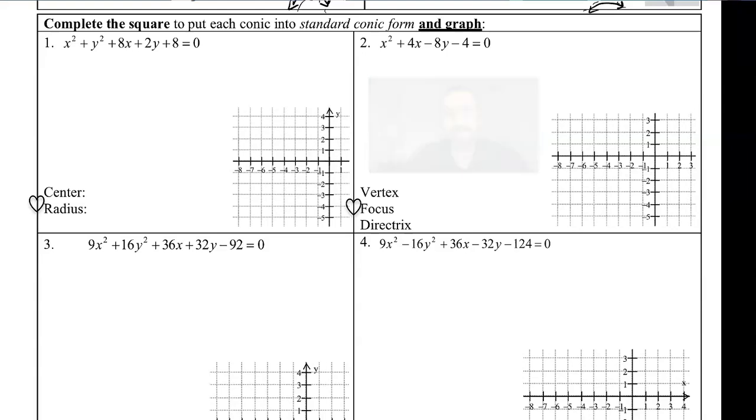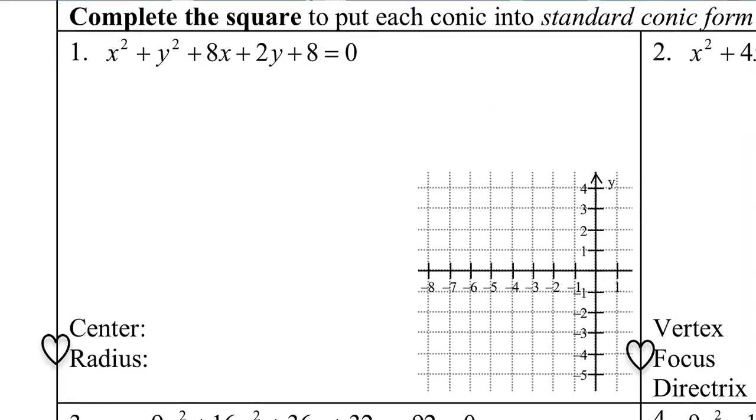So let's get started. So number 1, we're going to complete the square to put the conic into standard conic form. And a couple observations. The first thing I notice is we have an x squared and a y squared. So we probably should collect the x's, and then collect the y's, and then we're going to complete the square.